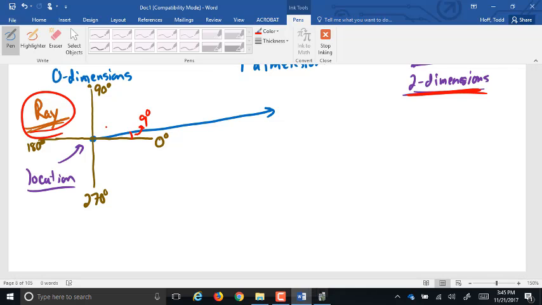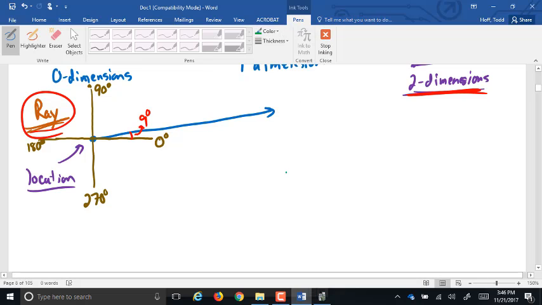Any of you who go on to take technical math, or some of you, if you're in certain programs, might take intermediate college algebra and trigonometry, you'll talk about vectors and vector directions, and that's kind of what the ray is. The vector has its direction, same as the direction of a ray, but vectors also have an associated length, where the ray goes on forever.